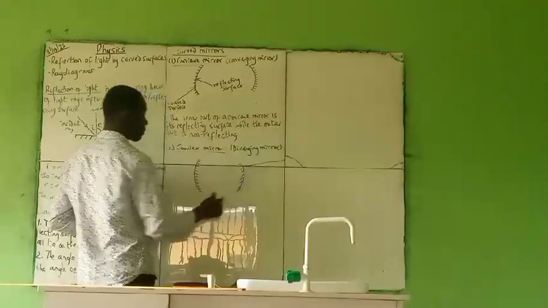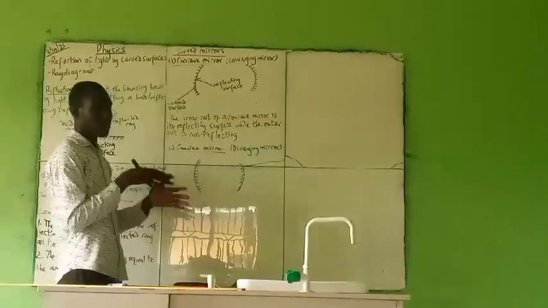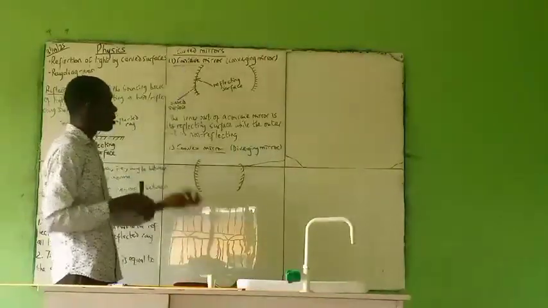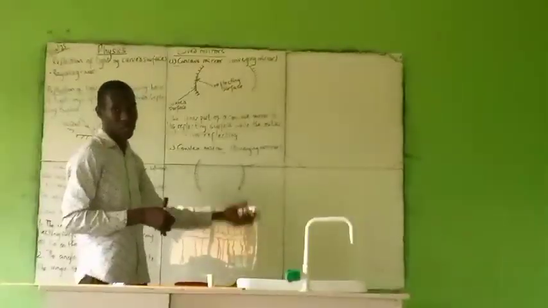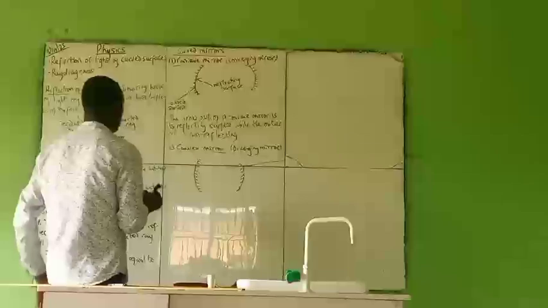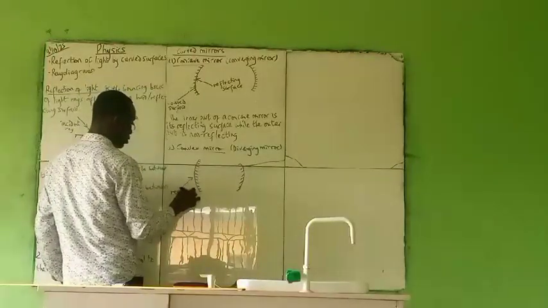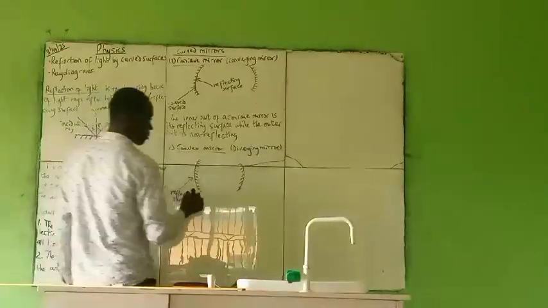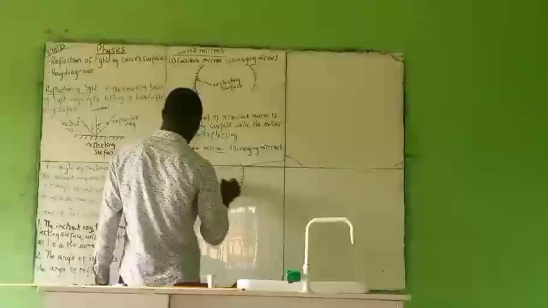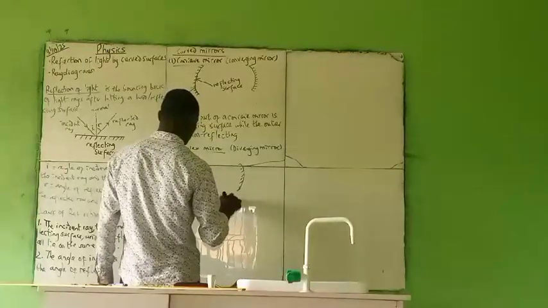If you notice, the part that goes inward, the inward part, is the one that is coated, unlike this. While the part that bulges outward is the non-coated part, which is the reflecting surface. You can see the contrast. This is the reflecting surface, and this is the non-reflecting surface, which is the coated part.